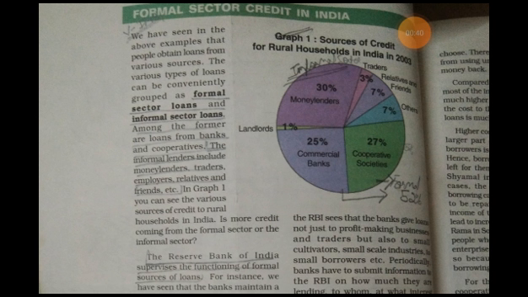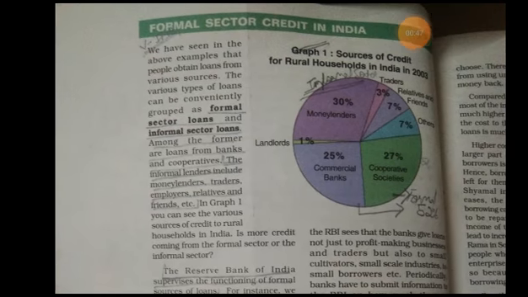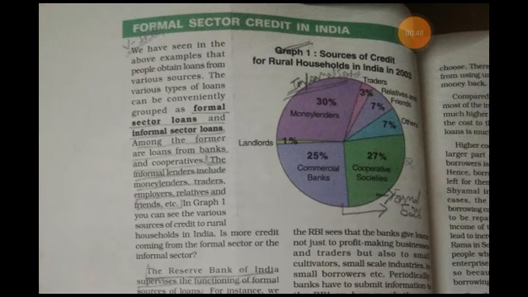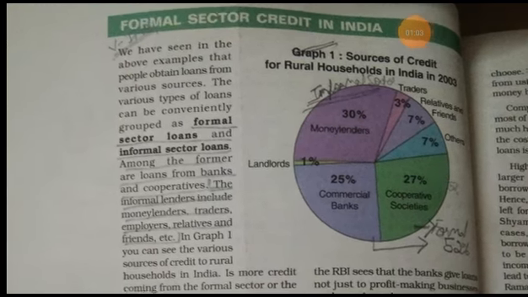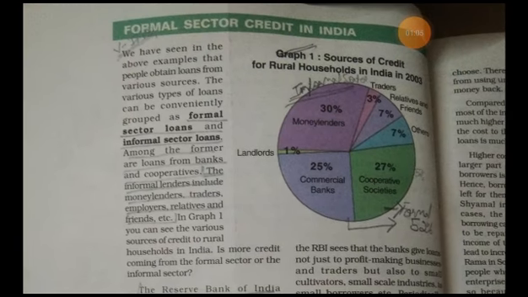Among the formal are loans from the banks and cooperatives. The informal lenders include moneylenders, traders, employers, relatives and friends, etc.